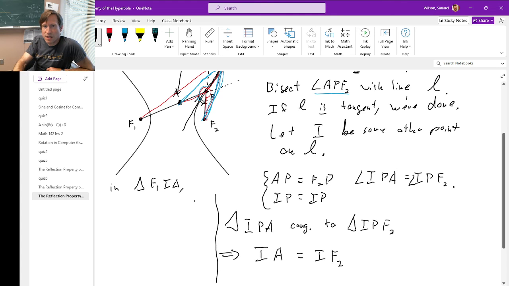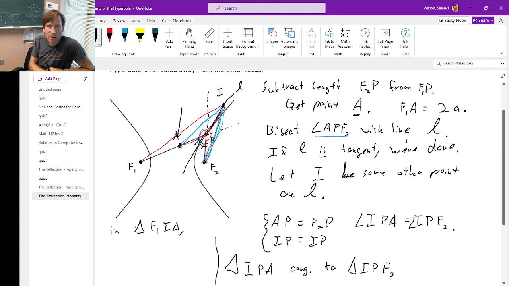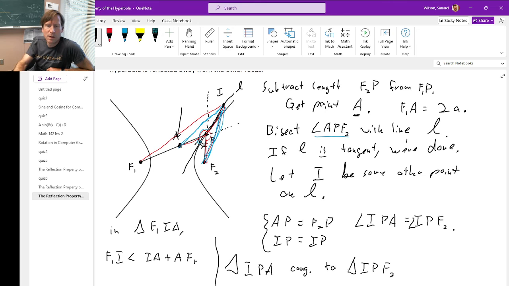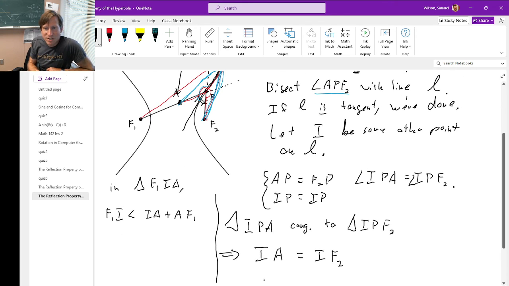So for this triangle, this means that F1 to I has to be less than the distance from I to A plus the distance from A to F1. Well, remember that we just noticed that the distance from I to A is equal to the distance from I to F2. So in this triangle inequality, we can replace this second piece with the length from I to F2.